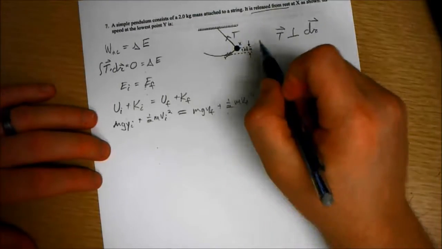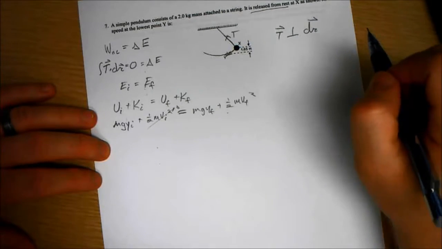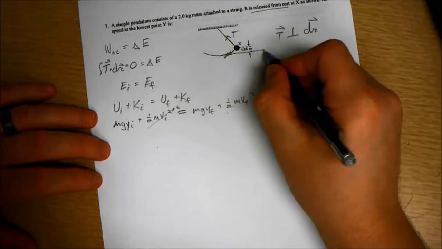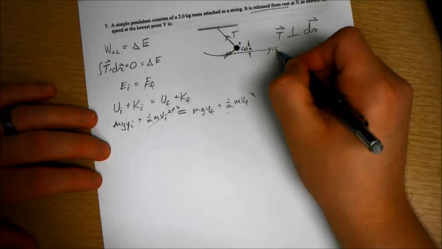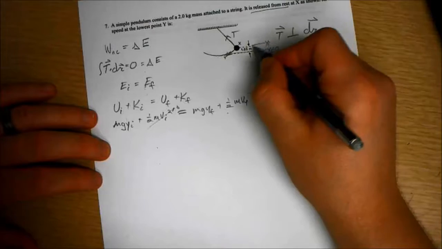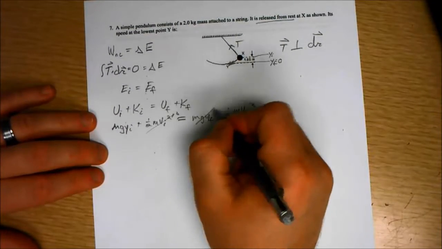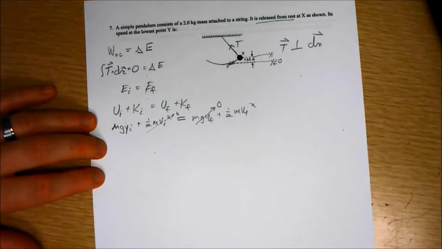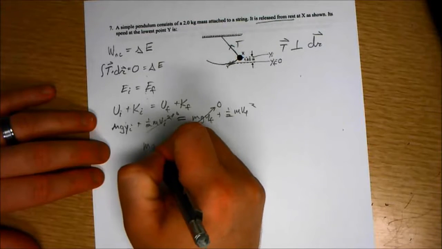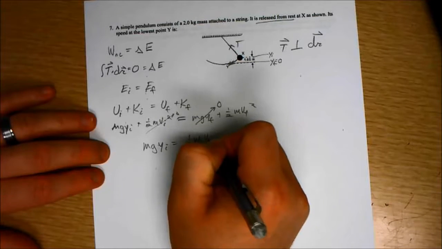Alright, so it's released from rest, so its initial velocity is 0. Now if I define the bottom here as 0, y final equals 0, y initial is right here, then I can also say that the potential energy at the end is equal to 0. Alright, so I have mg y initial equals 1/2 mv final squared.